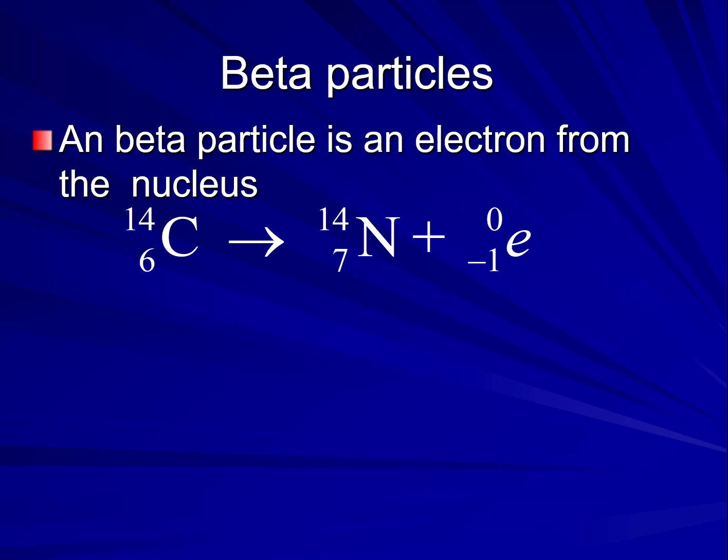What's the obvious problem with that sentence? There aren't any electrons in the nucleus, but there's an electron that comes out of the nucleus.